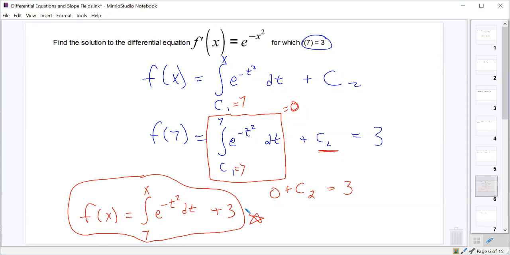And if we had a calculator at our disposal, which we will on the next couple of problems, we could then figure out what f of 10 was, right? We'd just plug in 10 and let our calculator approximate this integral. Or even without a calculator, we could still approximate this integral, right? We could use a rectangular or trapezoidal approximation to approximate the value of this integral from 7 to anywhere.